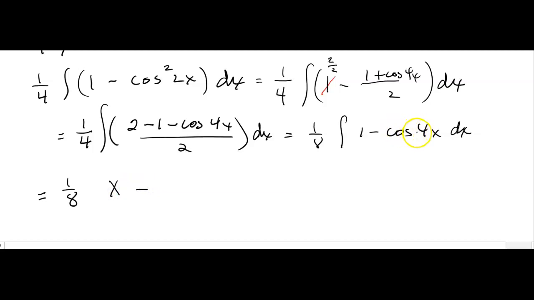Here it is, let u equal 4x, du equals 4. You need the 4, so you've got to put it in, and you have your sine for x, you're going to have to divide that by 4.